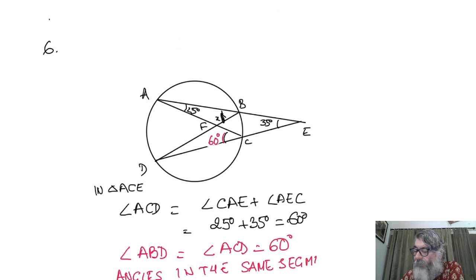Angles in the same segment of a circle are equal.